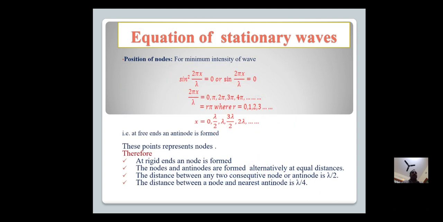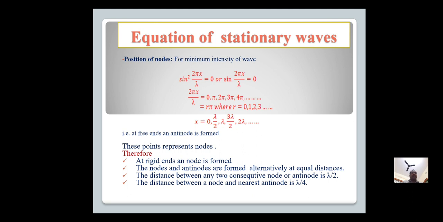Now if we have to find the position of nodes, where the intensity of the wave is minimum, the minimum value of the amplitude is when sine square 2 pi x upon lambda equals 0, or sine 2 pi x upon lambda equals 0. This happens when x equal to 0, lambda by 2, 3 lambda by 2, and so on.